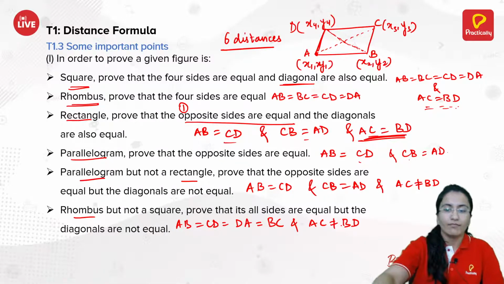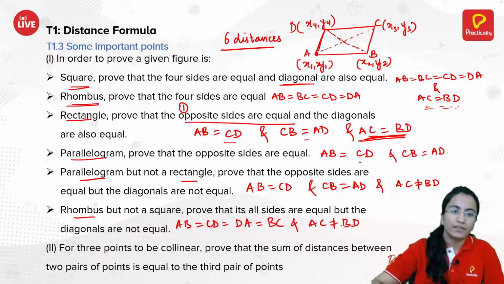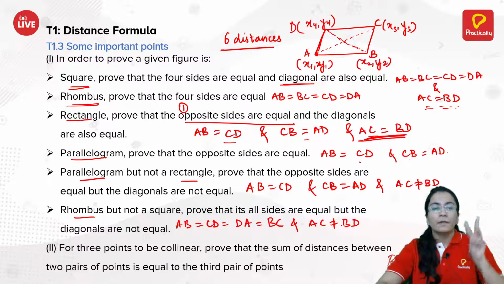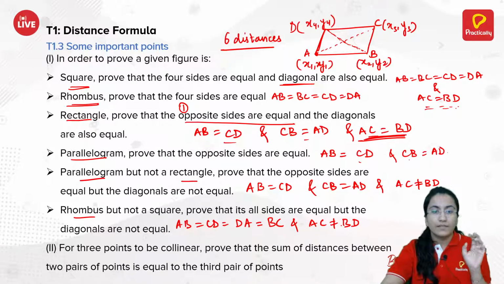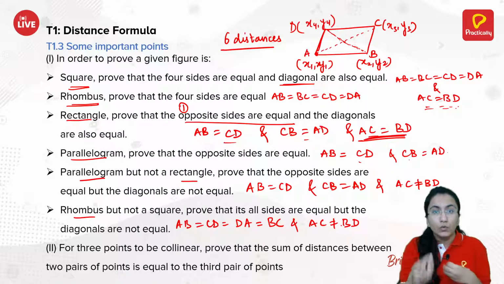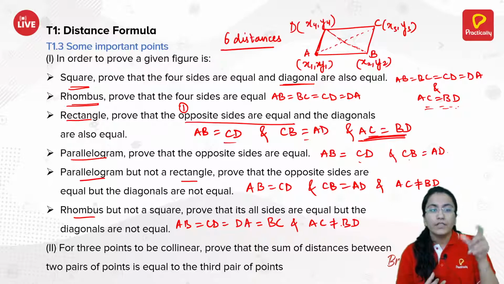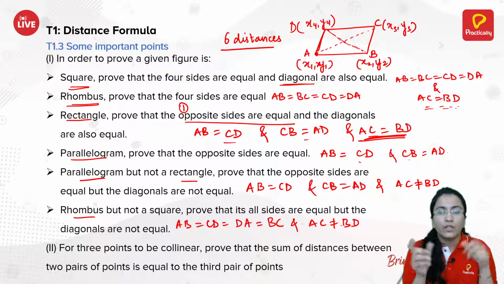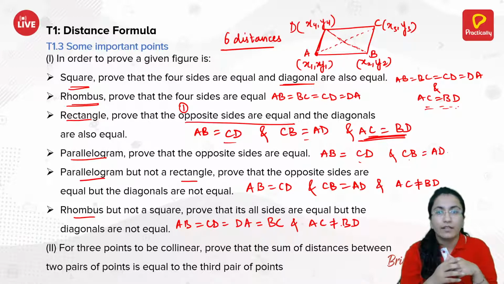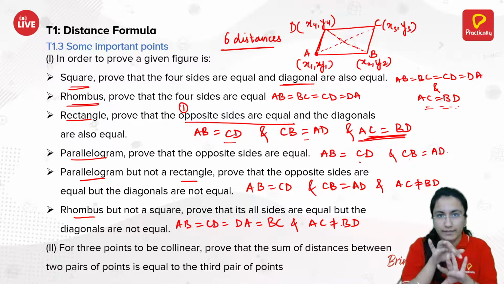Okay. Next, last point is, if you have 3 points which are said to be collinear, or you need to prove that they are collinear, you will measure the distance between all the 3 points. Like you have points A, B and C. Calculate the distance between the first two.